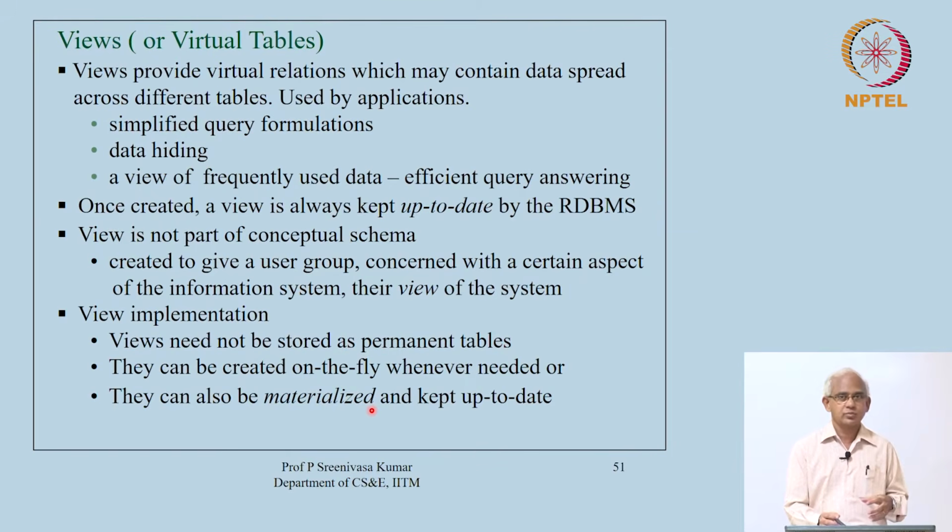That is another approach, but usually it is a little more complicated to transform an SQL query which is using a certain virtual table into one that does not use that virtual table, but uses only the base tables.